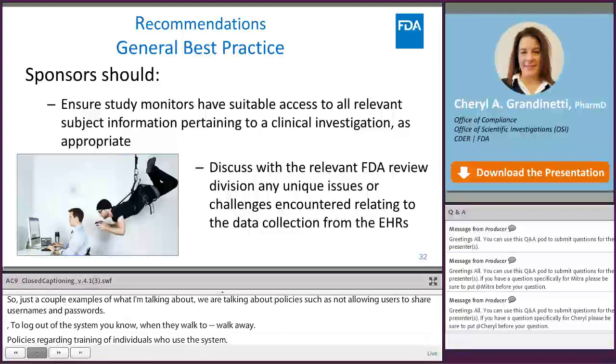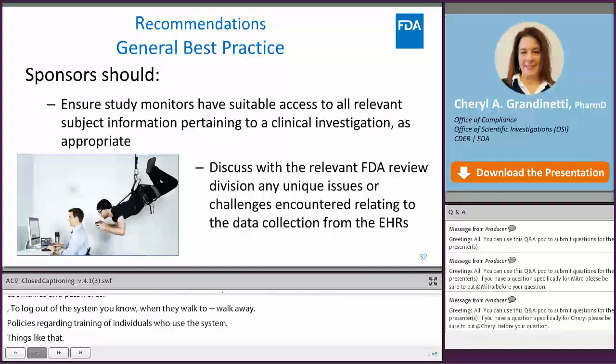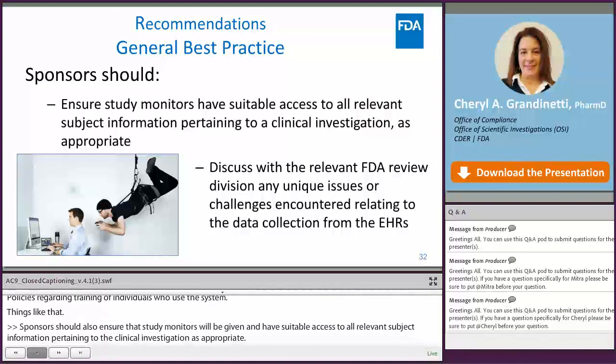Sponsors should also ensure that study monitors will be given and have suitable access to all relevant subject information pertaining to the clinical investigation as appropriate. This access could be, just as an example, direct access to the EHR or over-the-shoulder access. They should just ensure that the monitors are going to be given access to the data so they can monitor it.